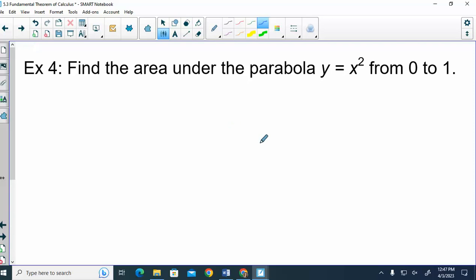Find the area under the parabola y equals x squared from 0 to 1. What should we do?